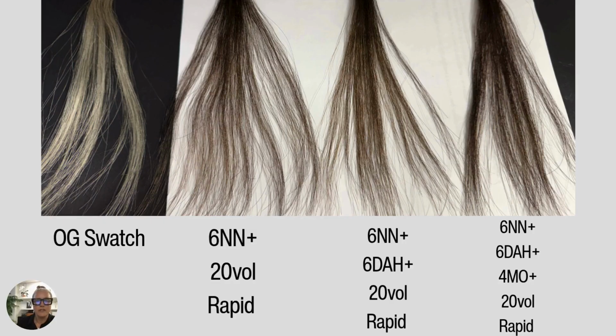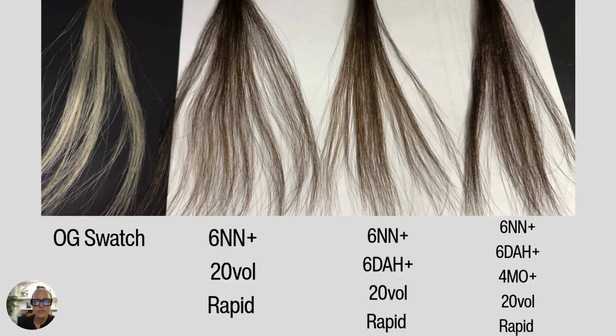You can start to see a little more richness happening in that tone. And then over in the third swatch, I have 50% of the 6NN, quarter 60AH, quarter 4MO, and we've got a beautiful, rich, full-looking color here.